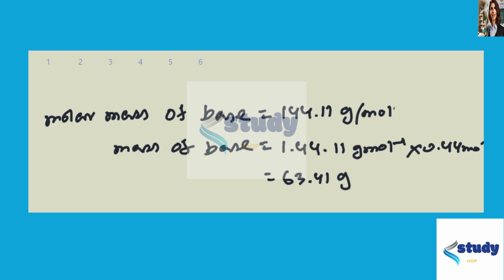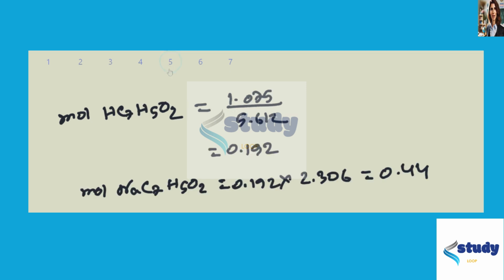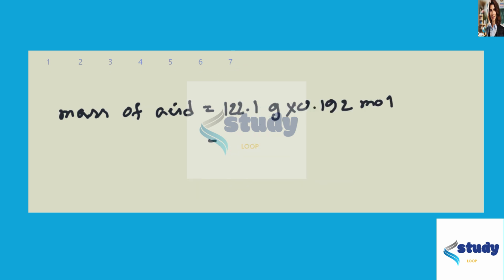Similarly we can calculate the mass of acid, the benzoic acid, by multiplying its molar mass, which is 122.1 gram per mole, times 0.192 mole, as this is the number of moles of acid which is calculated. So this will give us the mass of the acid, which is 23.44 gram.